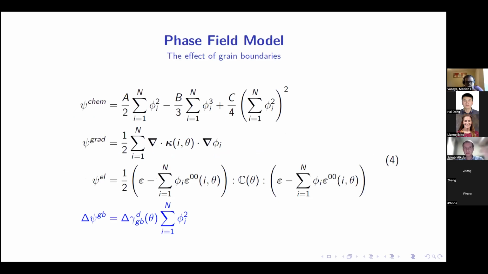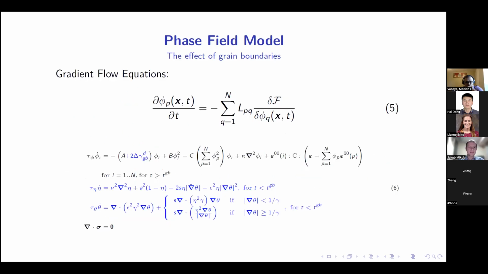Here we just expand those energy densities. I won't talk much about this unless there are some questions. And as I mentioned before, all of these energies are minimized using the Ginzburg-Landau theory. We arrive at the kinetic equations, and we solve all of them while satisfying mechanical equilibrium at every time step.